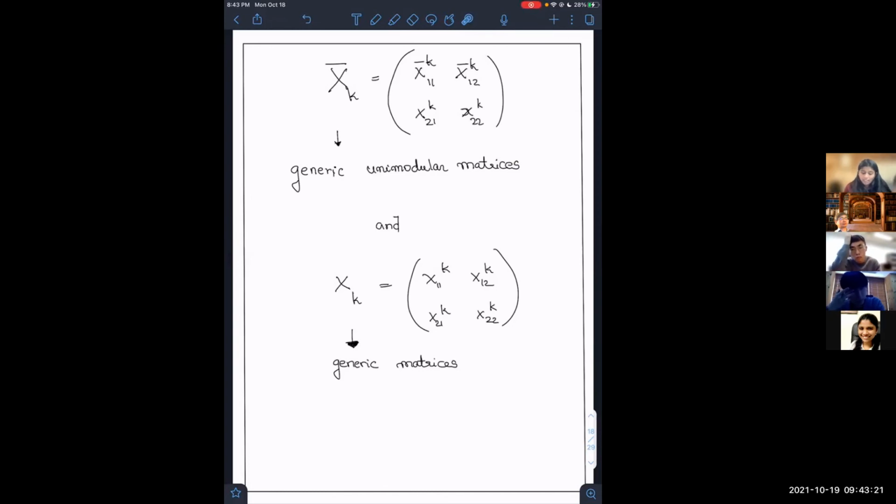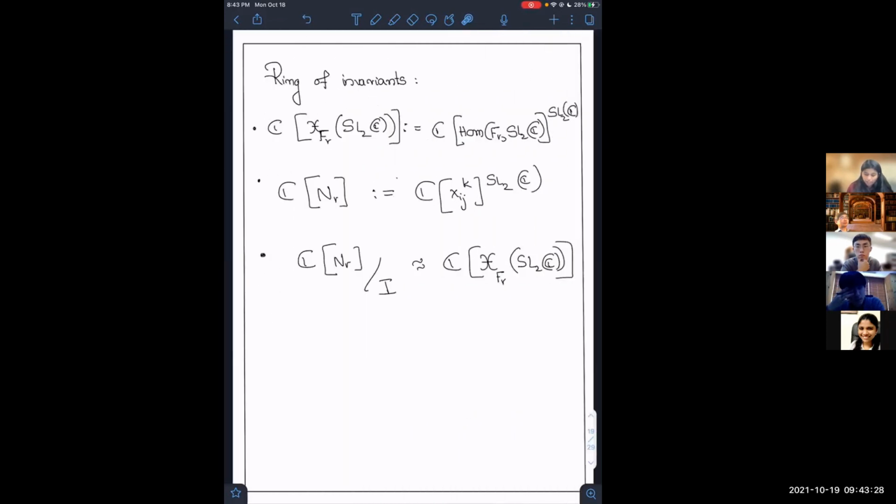Now, before we define the generators, what is the ring of invariants? This is the notation we were using for the invariant ring of the character variety, and we use the notation C of N R just to denote the ring of invariants in the polynomial ring and not in the quotient ring.